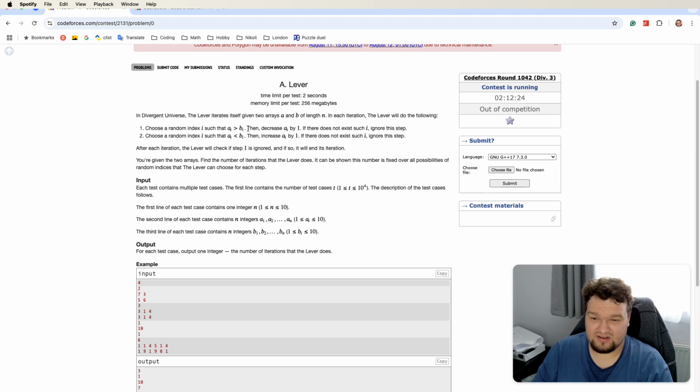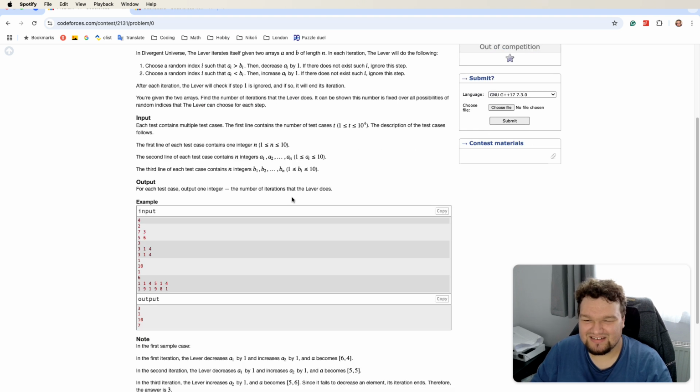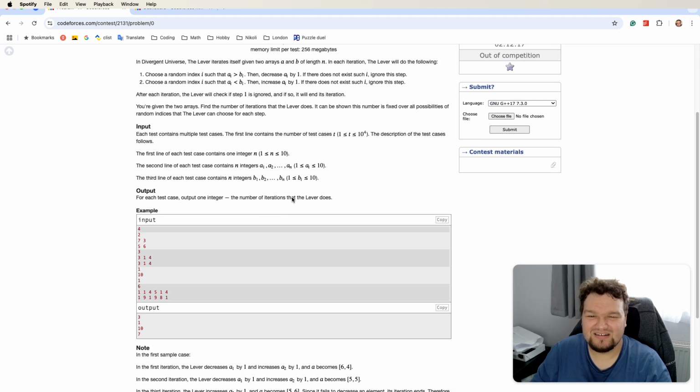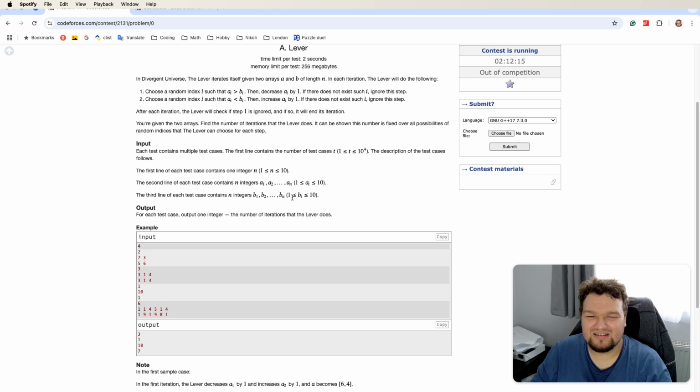So the second step is not needed at all. I mean, yeah, the end condition only depends on whether step 1 is ignored. So the answer is just the sum of the maximum of 0 and A_i minus B_i, plus 1.